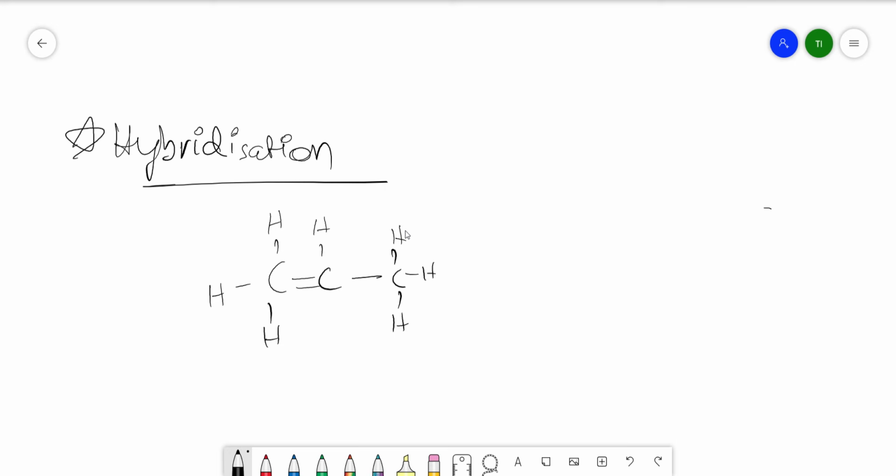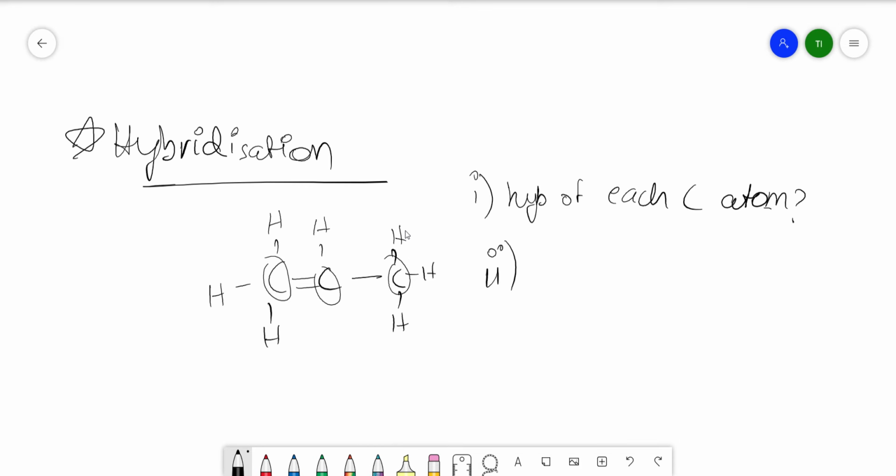Now, if I ask you to find the hybridization of each C atom, how would you find out? That's your first question. And the second question is: is the entire molecule planar? Feel free to pause the video and have a go yourself.